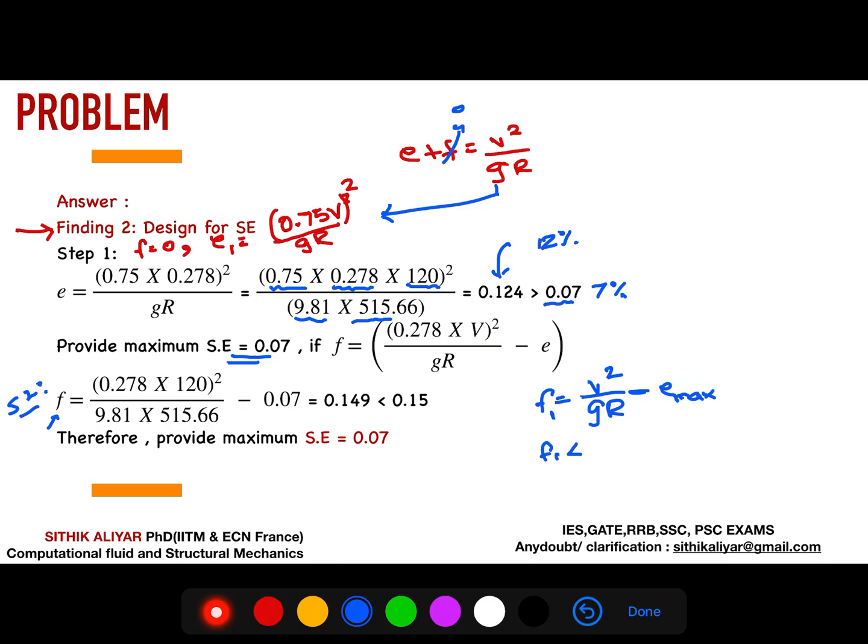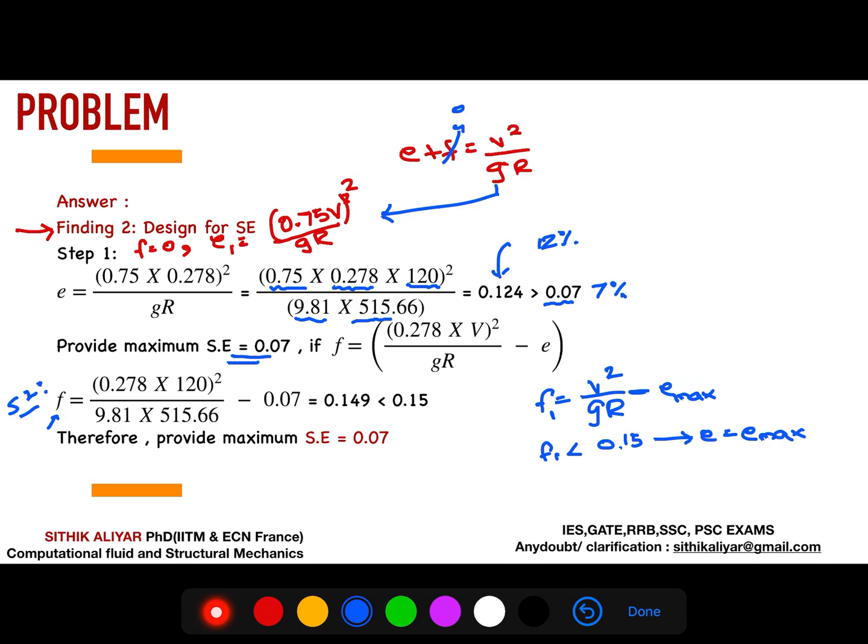Whether the friction required is less than 0.15, then you can provide E equal to Emax, or you have to change the design speed. Anyhow, E equal to Emax only, so you can even stop at this step. If you are getting an answer more than 7%, anyhow you have to provide at least 7%.